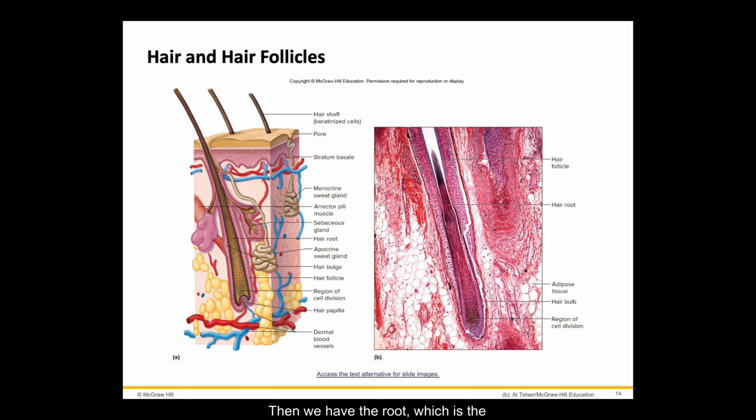Then we have the root, which is the remainder of the hair within the hair follicle. The shaft is the portion of the hair above the skin surface. The only living cells of hair are in and near the bulb, which grows around a bud of vascular connective tissue called the dermal papillae.